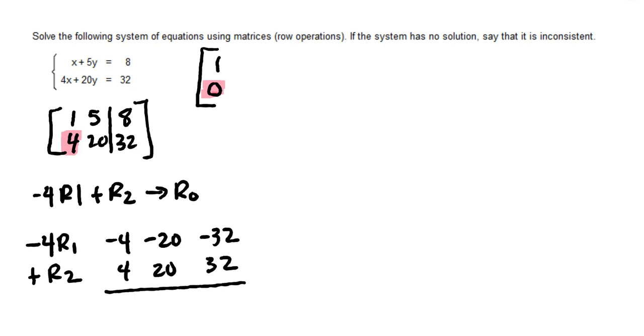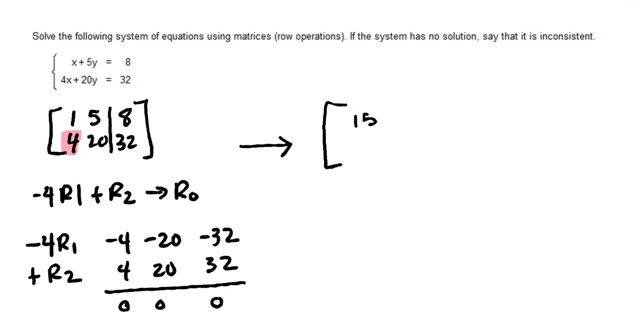And if I add those, I get 0, 0, 0. So my new system becomes, the first row stayed the same, 1, 5, 8, and the second row became 0, 0, 0.